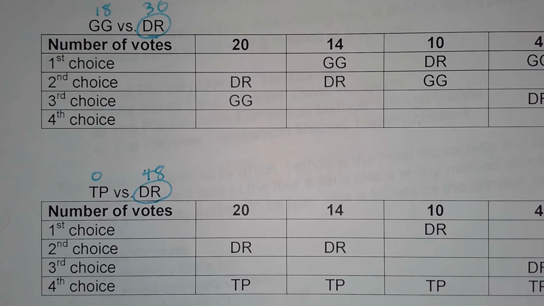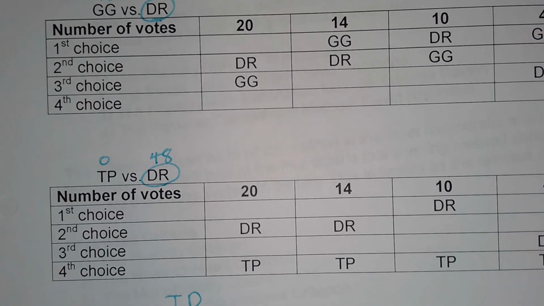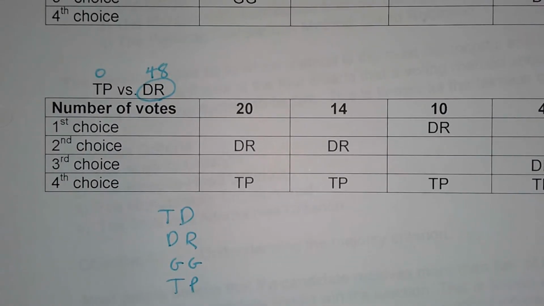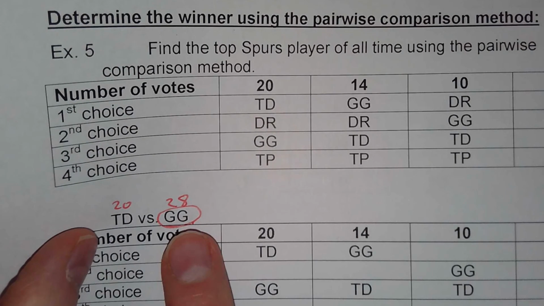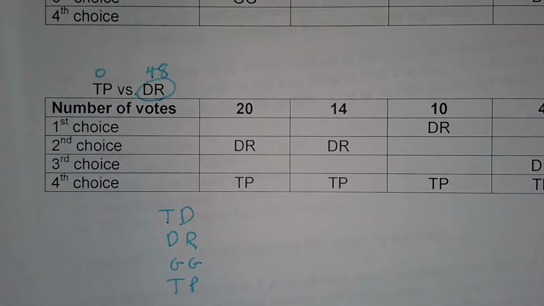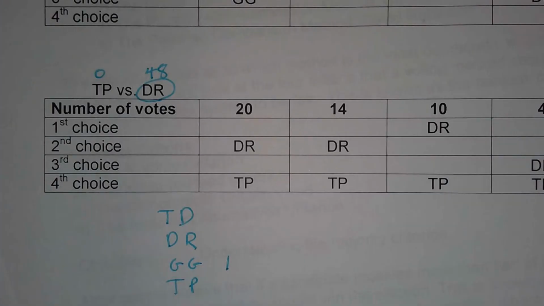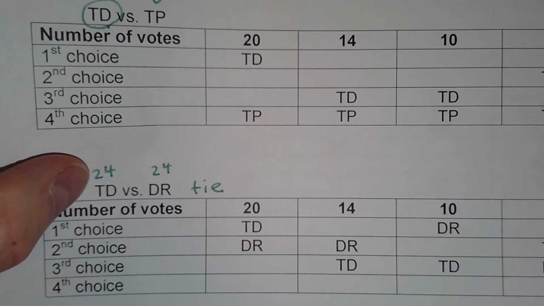Okay, so let's figure out the number of points we'll have. So I'm going to have Tim Duncan, David Robinson, George Gervin, and Tony Parker. So let's go back to the previous page. So on the first one, George Gervin won, so he gets a point for that. Second one, Tim Duncan won, so he gets a point for that. Okay, third one was a tie.